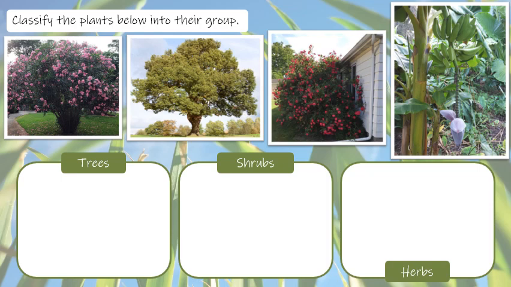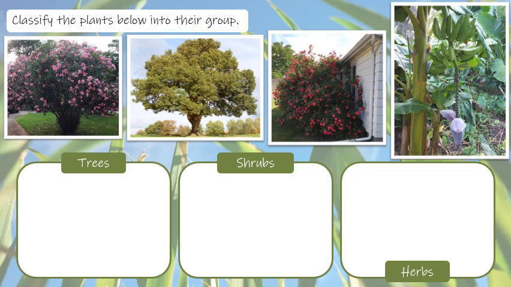In this slide, we have 4 different kinds of plants and we have to classify them into 3 groups: trees, shrubs, and herbs. Let's take a look at the first one. What do you think? Is this plant small, medium, or very large in size?